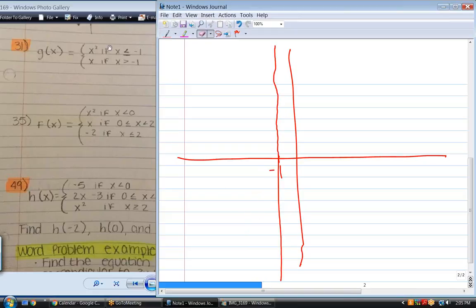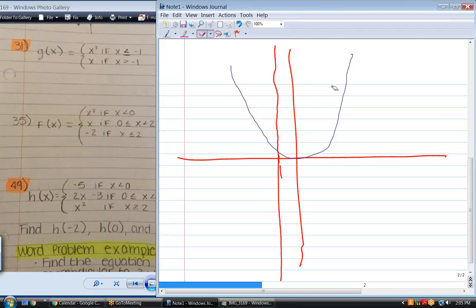So the graph I want to be to the left of that solid red line is x squared. Okay. Well, what does x squared look like? Normally, x squared looks like this. Right. Parabola. But there's two ways to do this. One way is to draw the entire graph and then erase the part that you don't need.